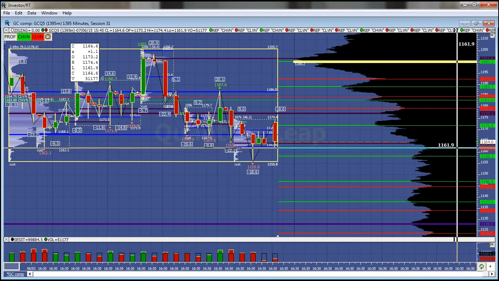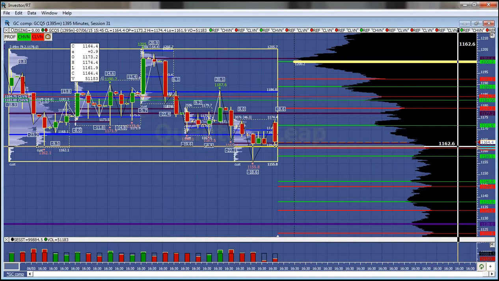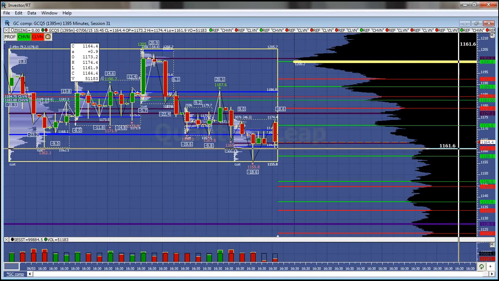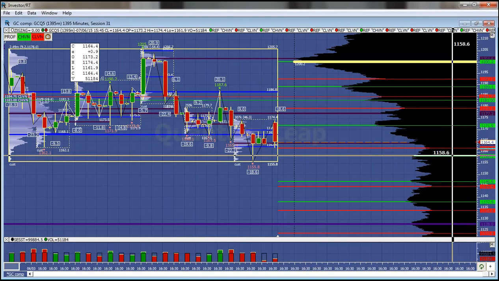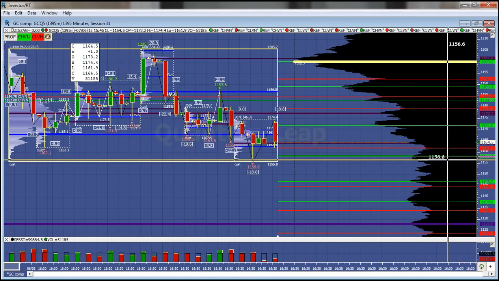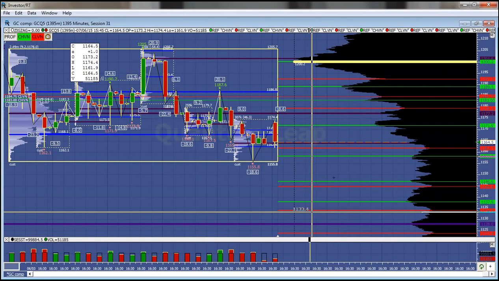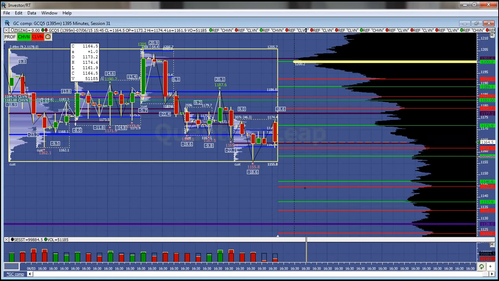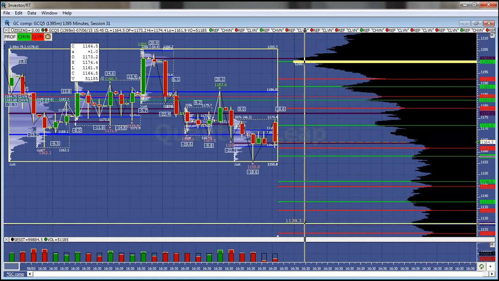This 1161.70 you could use as a trade area. It's just below the value area low here. If we break below it, look for them to come down into this 58 again, test this 55.80 range low. And if we break below that, I'm looking for that move lower into 46.90, 37.90, but the big one being this 11.28.